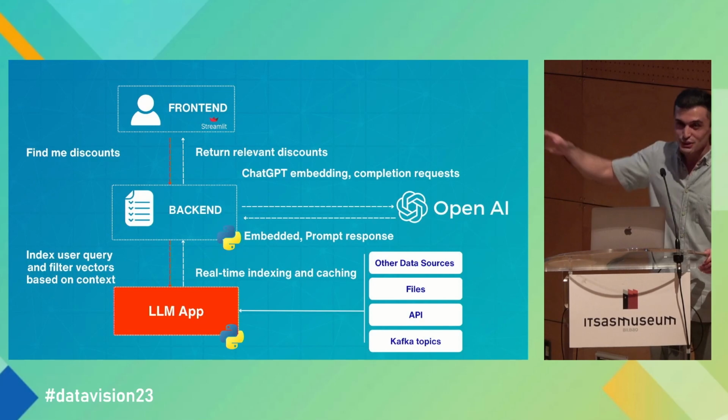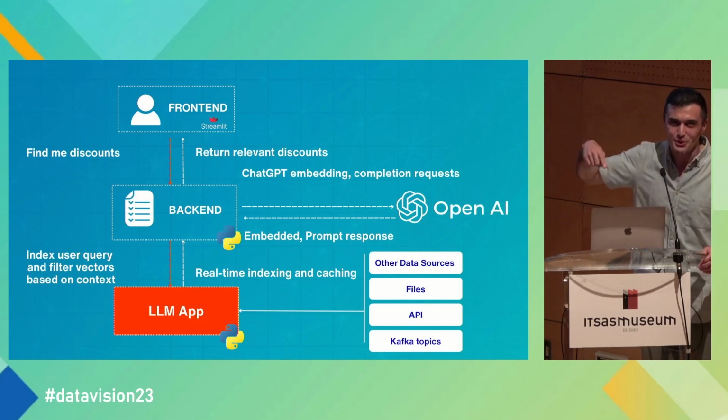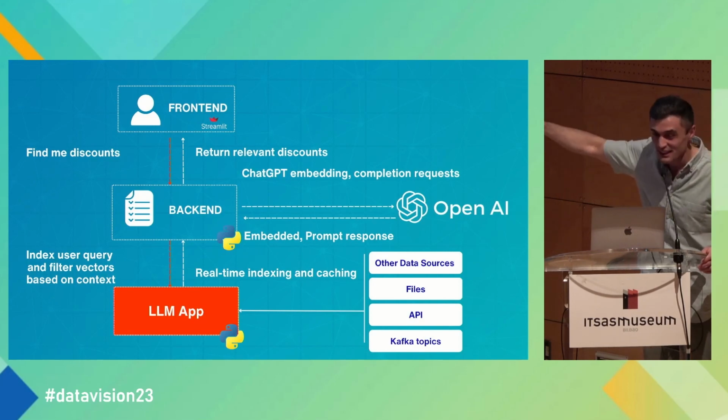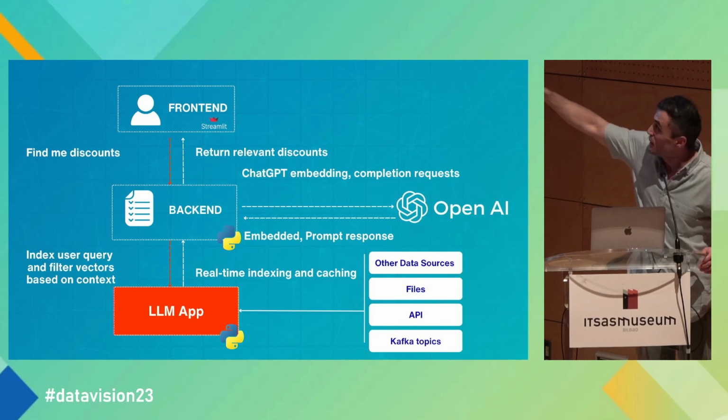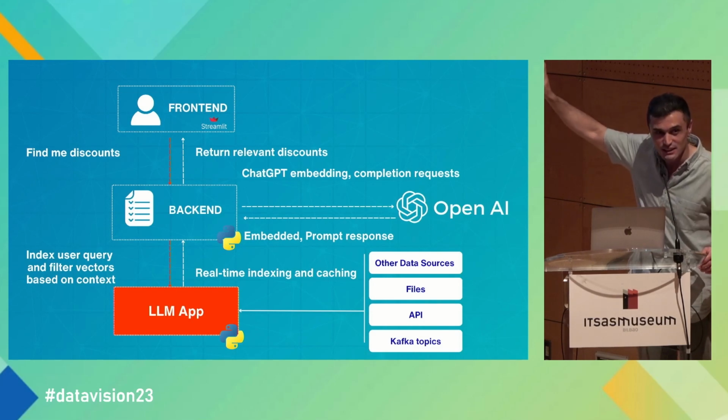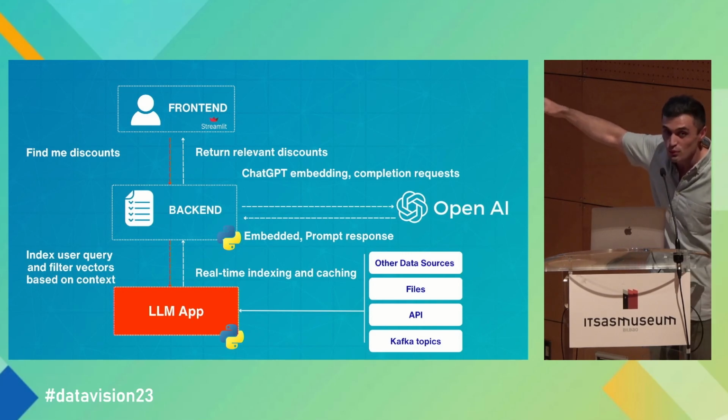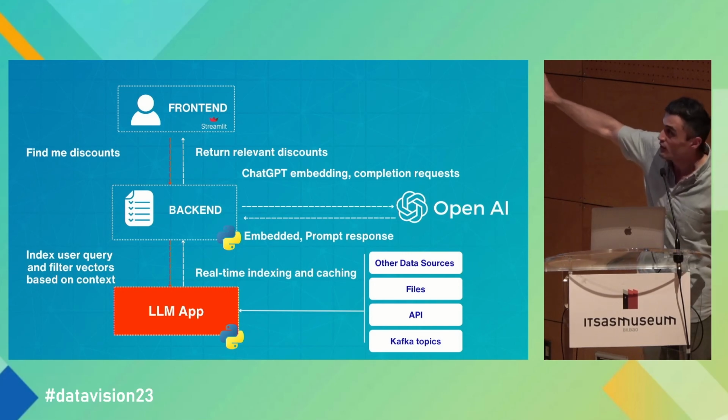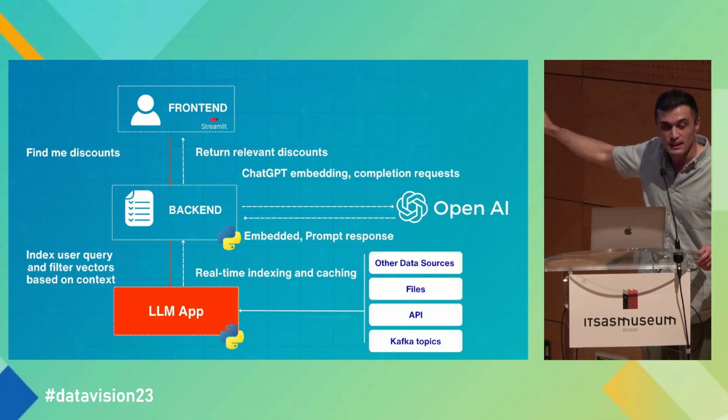And my architecture for the app I showed previously, that's how it looks. I have, let's assume, a front-end application, and it asks the backend, please find me discounts. And here, the most important stuff is happening on the bottom right side. I am doing real-time indexing as data comes in.